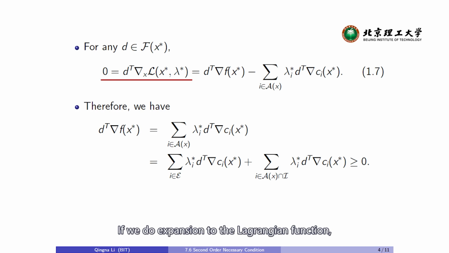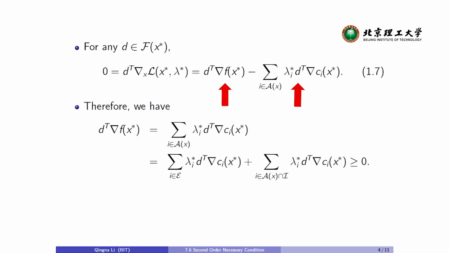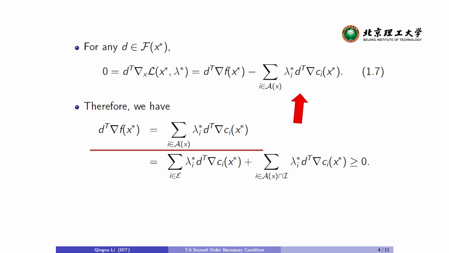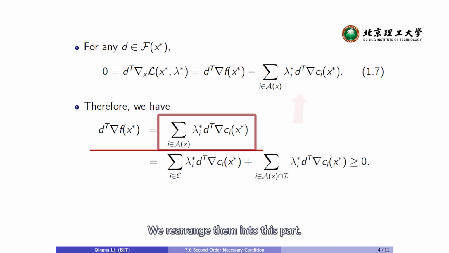If we expand the Lagrange function, the two terms are equal, because the difference between them is 0. In other words, if we take direction d multiplied by the gradient of f at the optimal solution x star, this term can be expressed by the second term here. We rearrange them into this part.